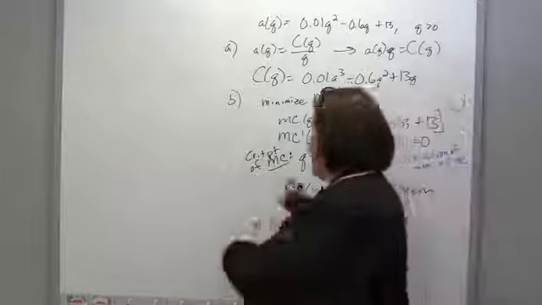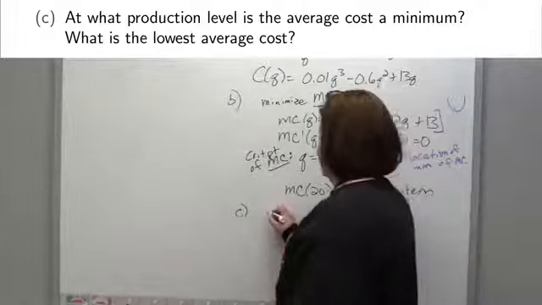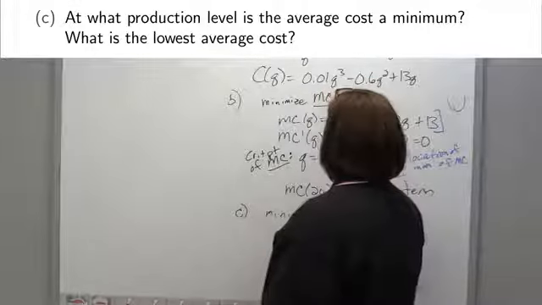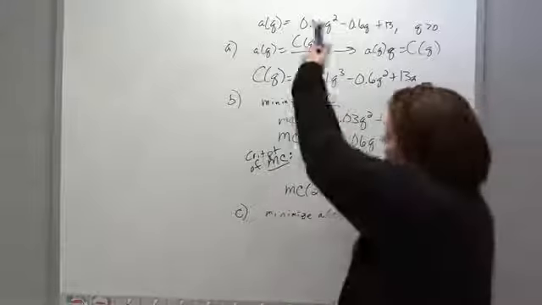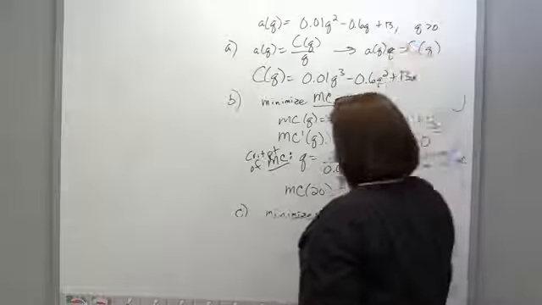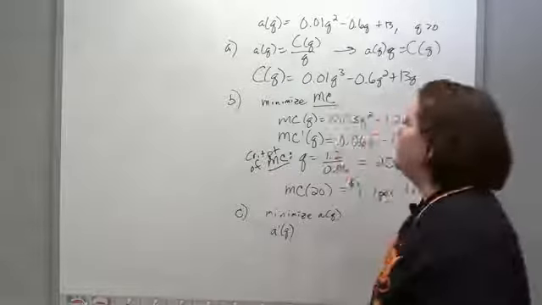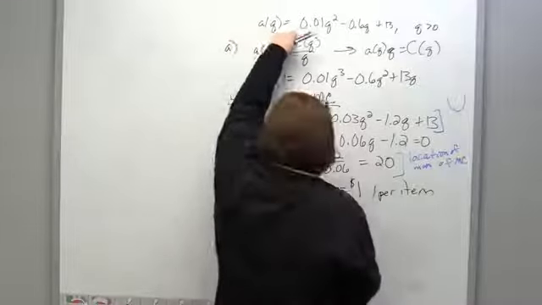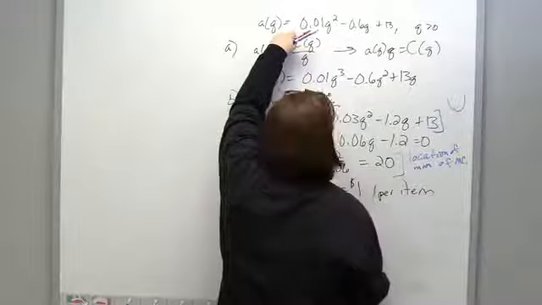All right, now we're at part C, and we're asked to minimize average cost. And since we're given our average cost function, we might as well find the derivative of average cost, and we get 0.02Q minus 0.6.